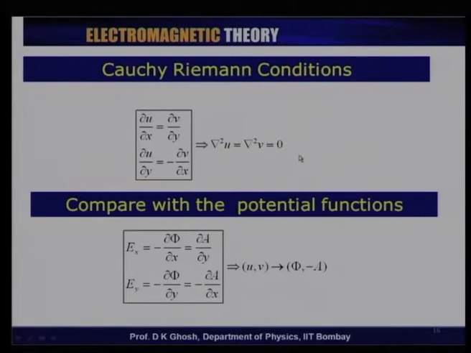In other words, the set of Cauchy-Riemann conditions are equivalent to Laplace's equation. The u and v are known as harmonic functions. So, essentially solving a complex variable problem in 2 dimensions is equivalent to solving Laplace's equation in 2 dimensions. And this is the relationship between the conformal mapping problem and the original electrostatic problem.